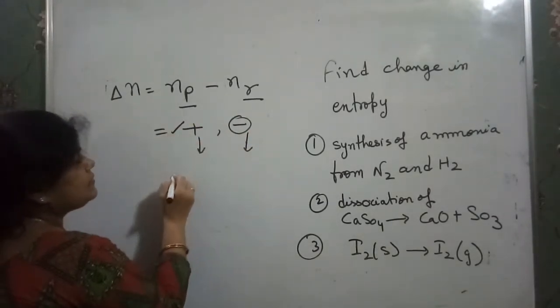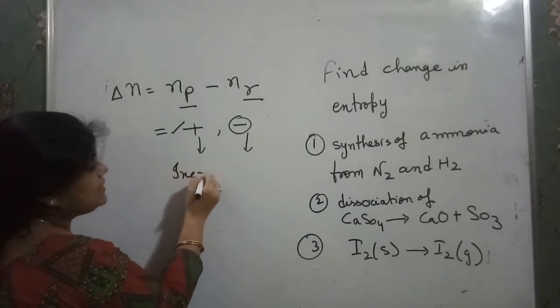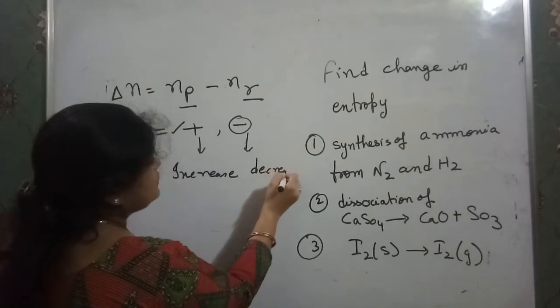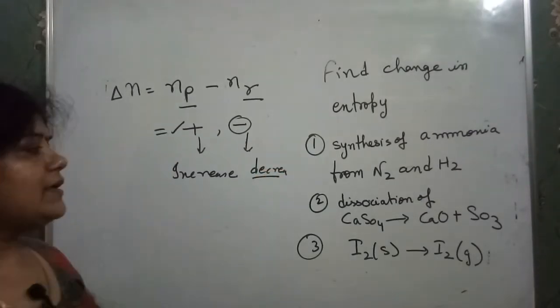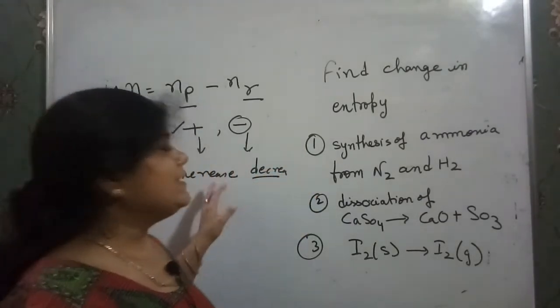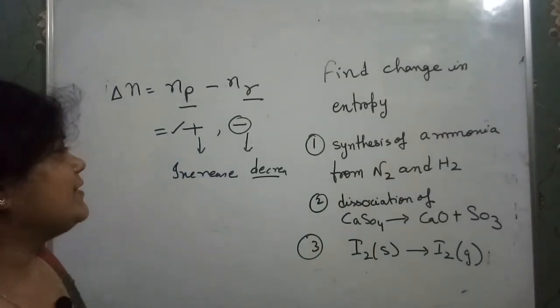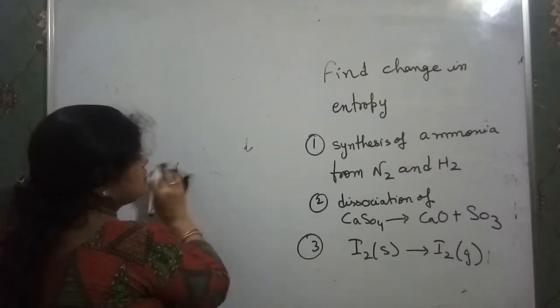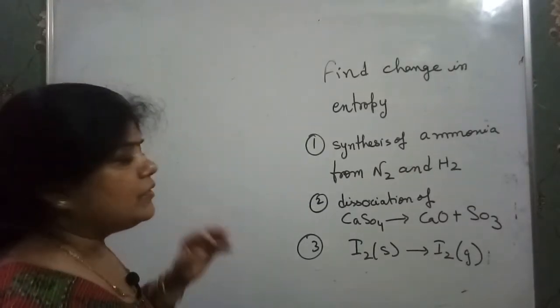When it has a plus sign, the entropy increases, and when it has a minus sign, the entropy decreases. The same pattern is applied here, and the delta H over delta T question I will take later after this question. So I am doing this question on your blackboard.